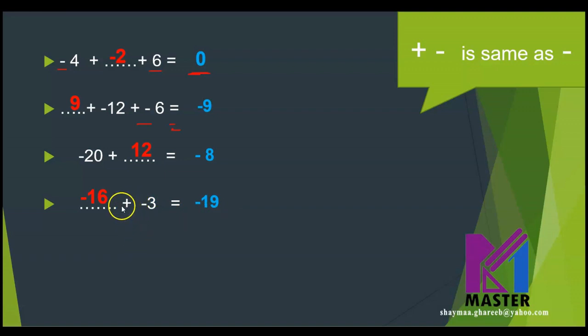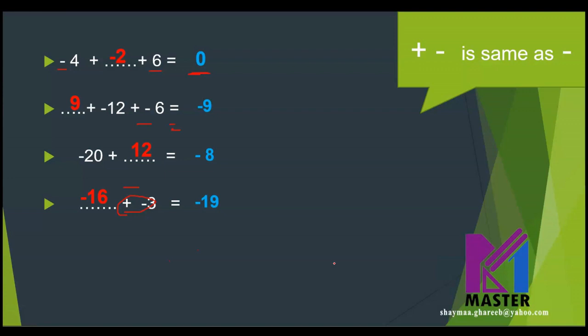And remember, we replace the plus negative with a subtraction sign. So to check your answer, -16 minus 3 gives -19. Is it clear?